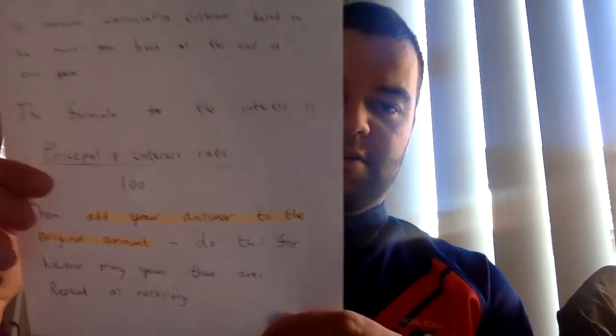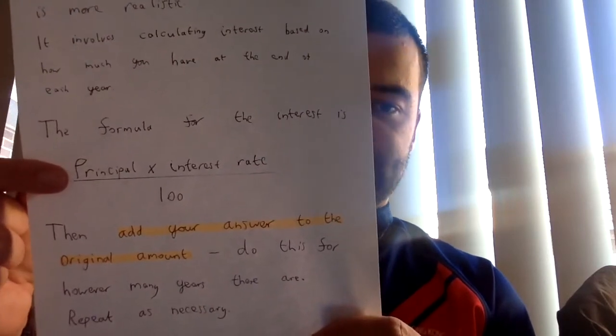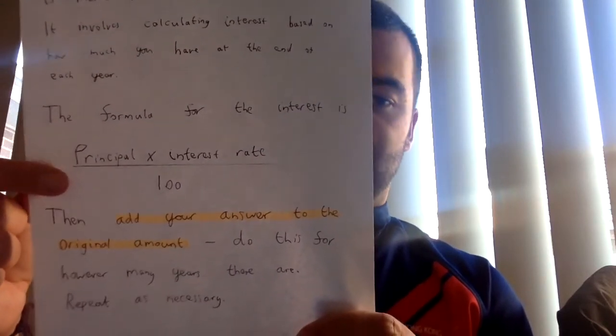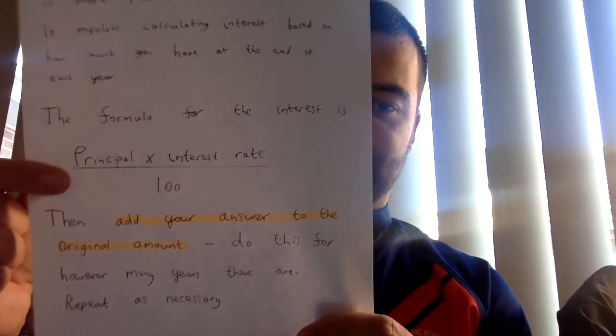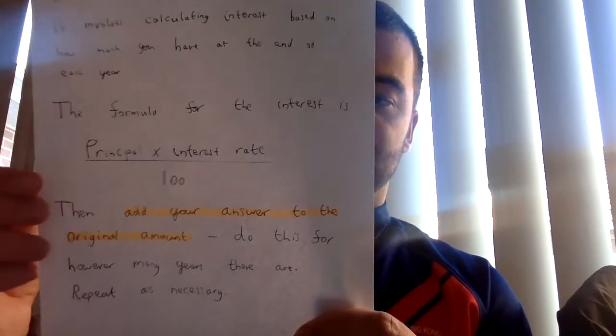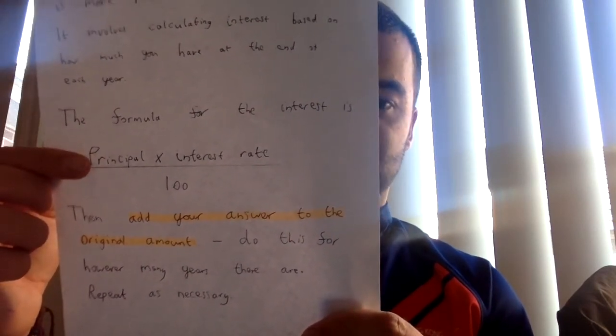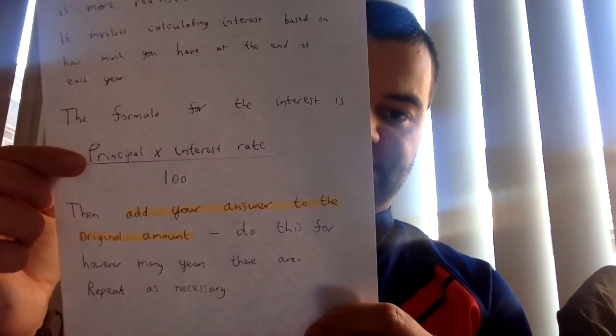So if you're doing compound interest over 3 years, let's say, or doing it over 2 years, let's say, we'll keep it simple. You do this, okay? And then whatever number this calculation gives you, you add it to the original amount you had. And then you do the calculation again, but you change your original amount to what you had at the end of the first year, okay?